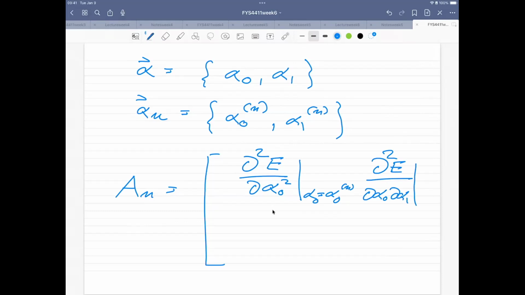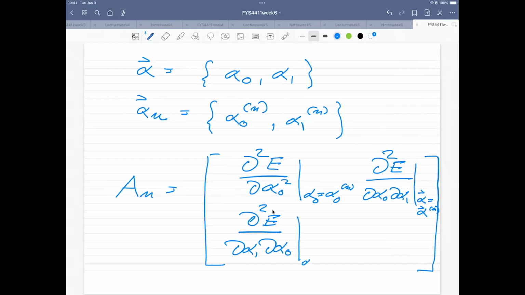Just to save notation, I'm putting alpha equal to alpha of n. When I say that, it means that it contains both alpha 0 and alpha 1. You're probably familiar with this object because this is just the Jacobian. Then we will have the derivative with respect to alpha 1 and alpha 0, again evaluated at alpha equal to alpha n. And finally, we would have the second derivative of E with respect to alpha 1, like this.